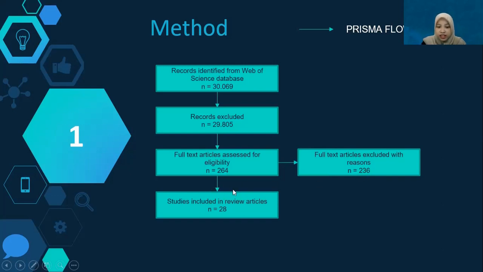And the fifth step, studies included in the review, n equals 28.